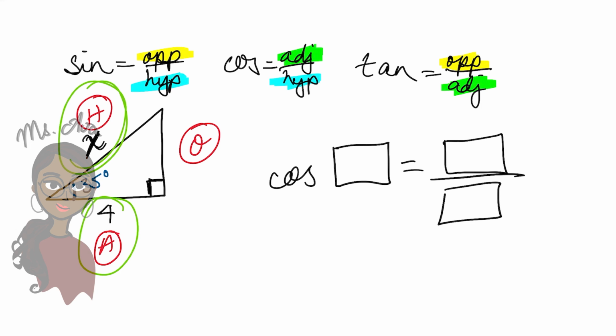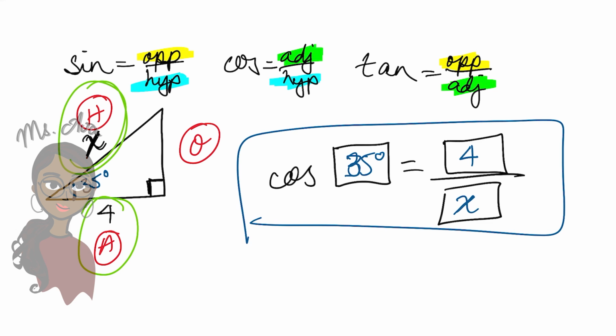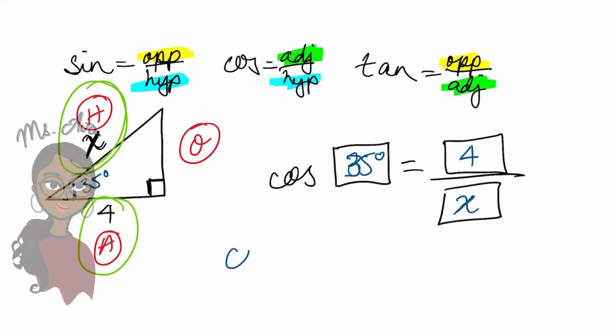So all we have to do is fill them in. The 35 degrees goes right here, and then you have the adjacent, which is the 4, and then the unknown, which is the hypotenuse, the x, and there is your equation. And so you can just solve from here. Cosine of 35 degrees is equal to 4 over x.